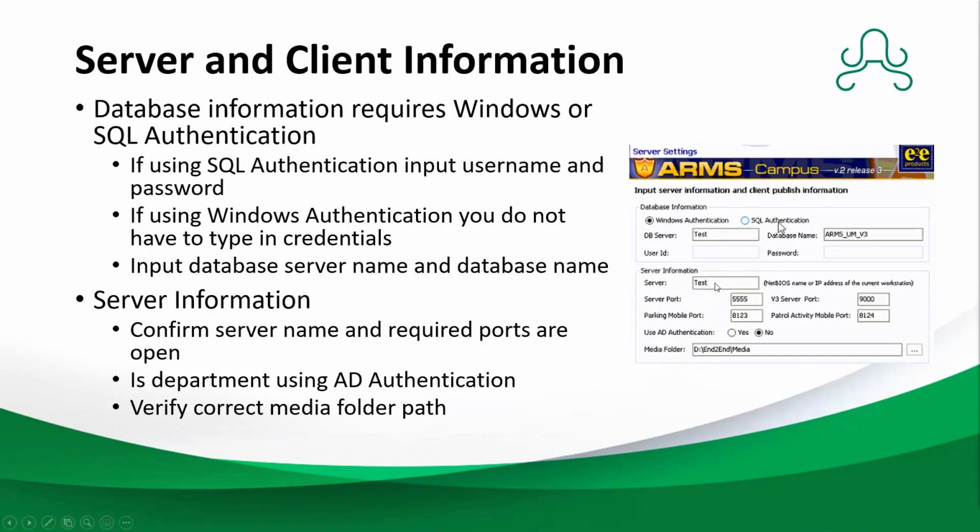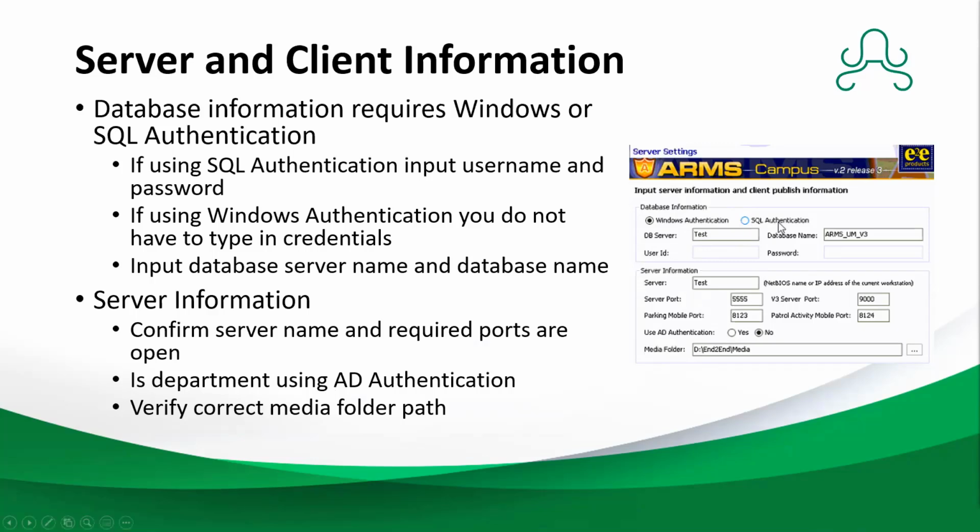And once that is done, if your department is using AD authentication, you can toggle that on, yes or no. But if you aren't sure, you can always turn that on afterwards. And then you will want to confirm your media folder path. And this can change if you're moving from server to server. You'll want to copy media over, or just make sure that's pulling from the right path.